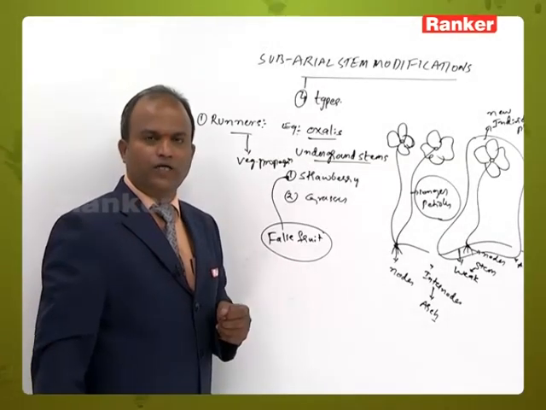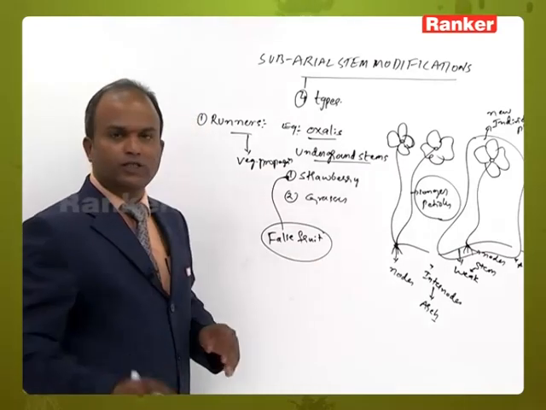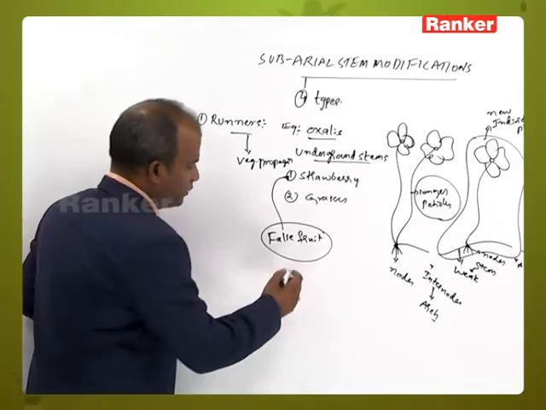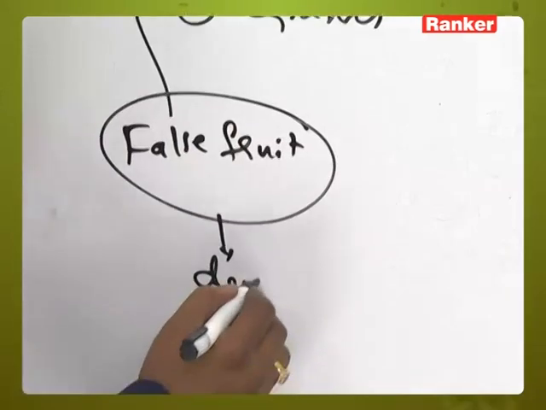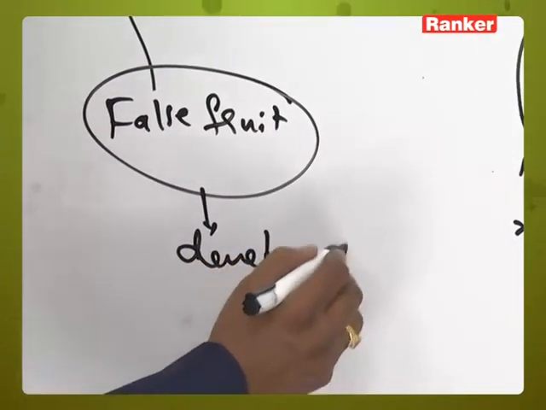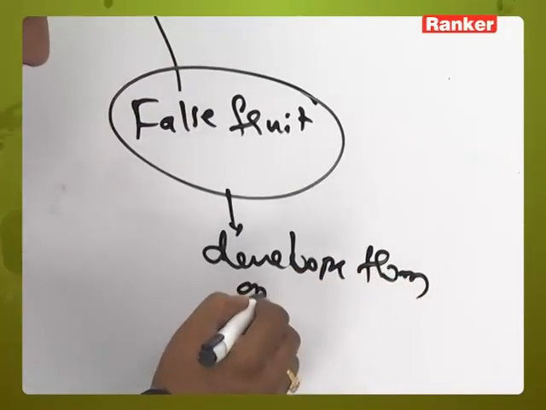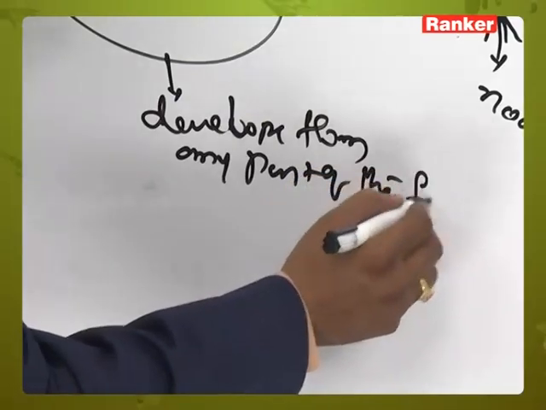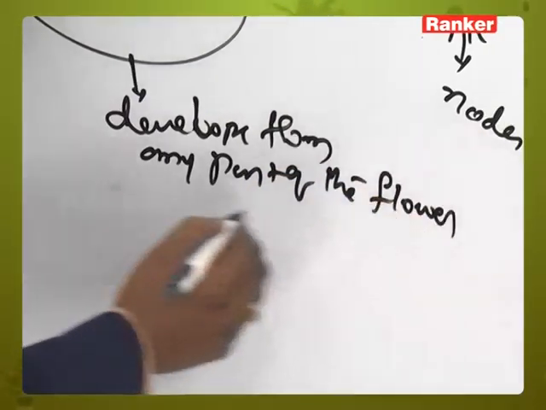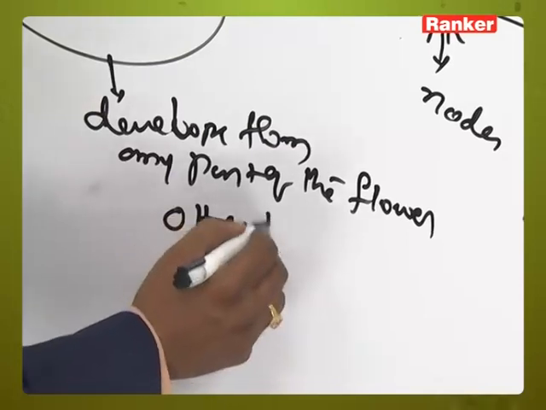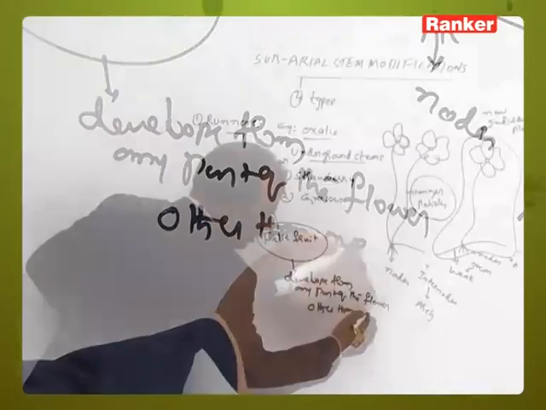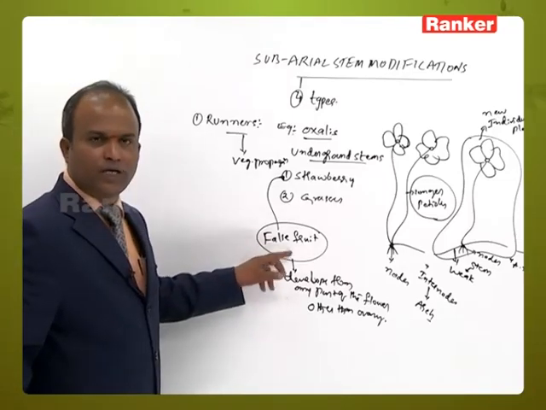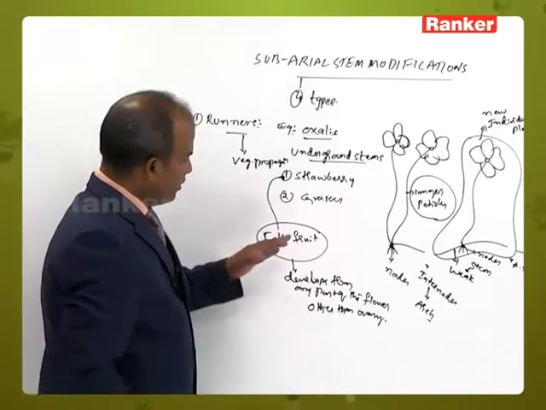What is meant by false fruit? A false fruit develops from any part of the flower other than the ovary. This type of fruit is nothing but a false fruit.